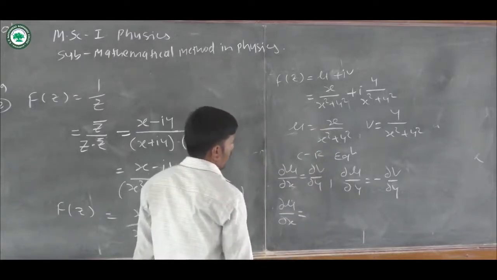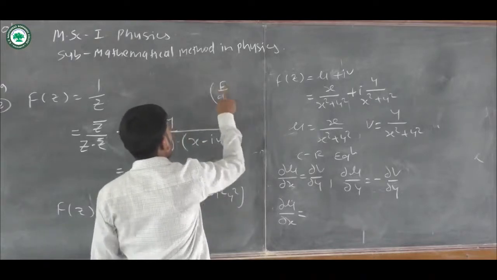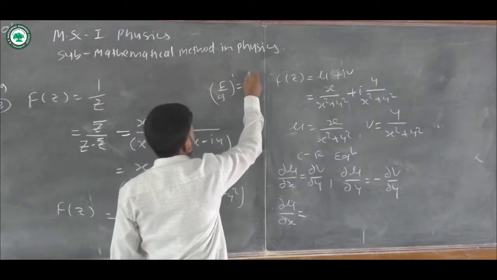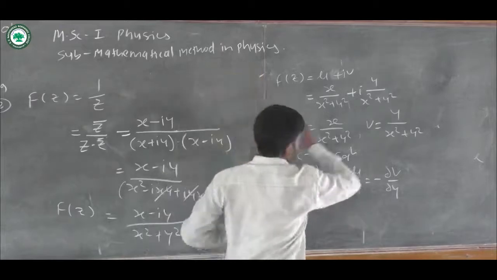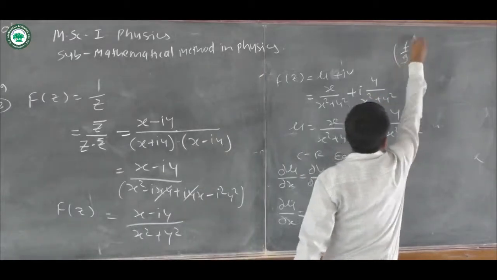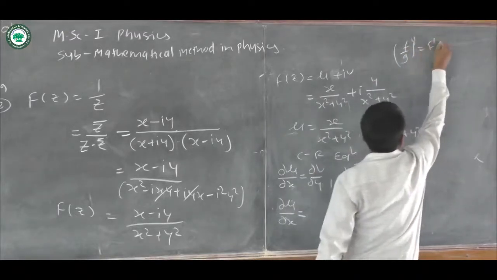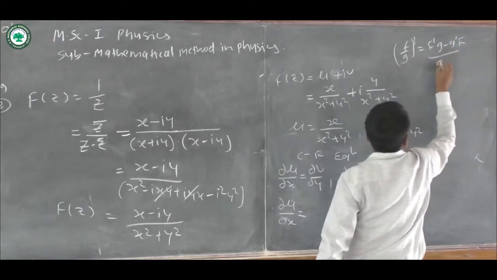So I apply this rule, that is for f by g, if we find the derivative of this function, it is f dash g minus g dash f divided by g square.